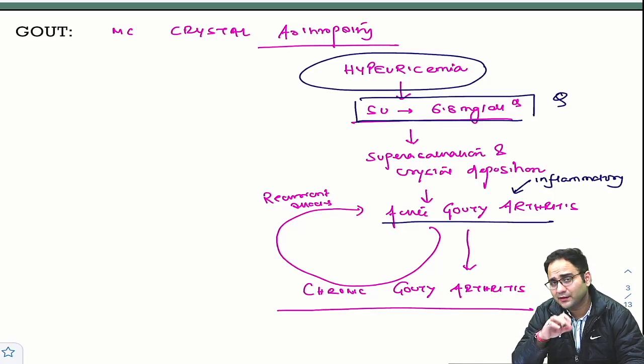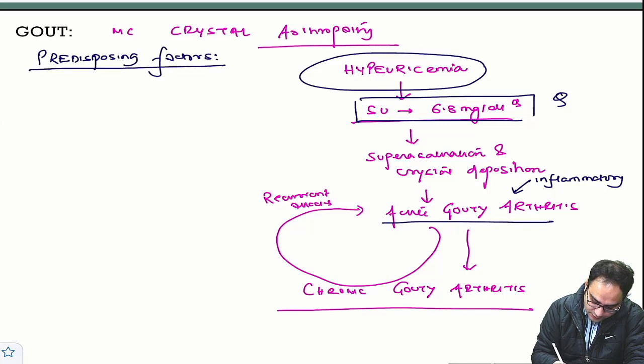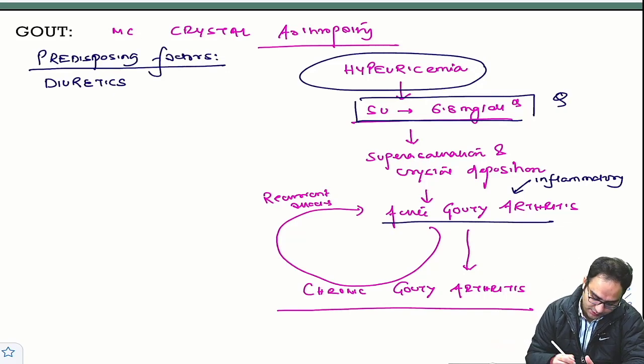There are certain predisposing factors and certain triggers that give rise to this hyperuricemia. So let's read that. What are the predisposing factors? Use of diuretics. There are certain diuretics that can cause hyperuricemia, and ultimately the chain of events that I mentioned.